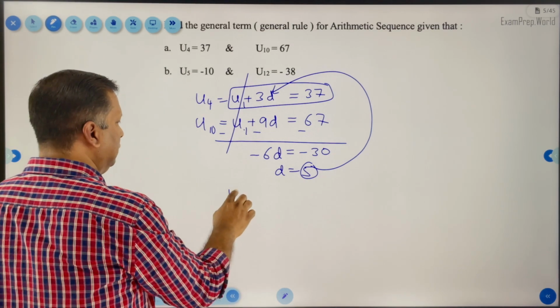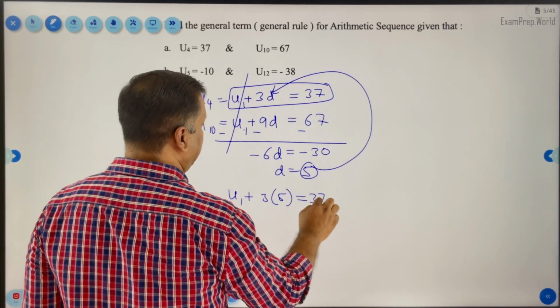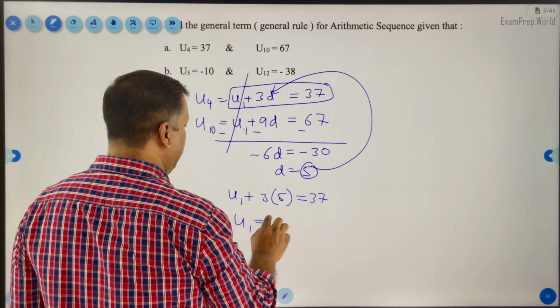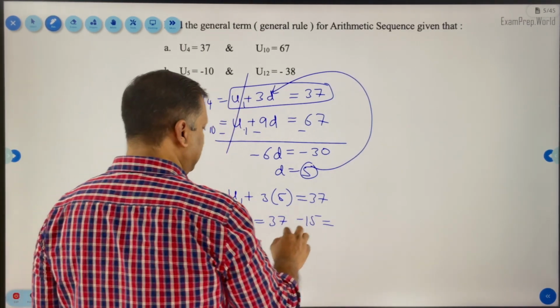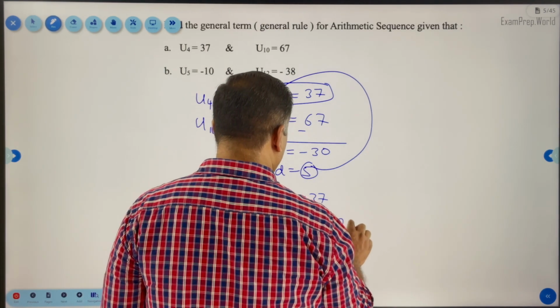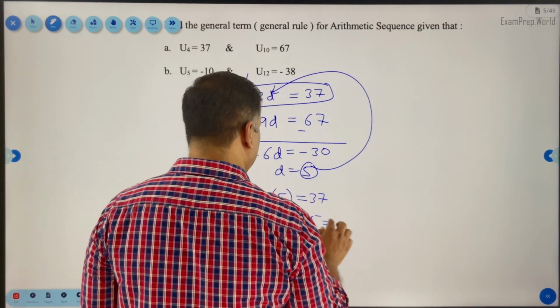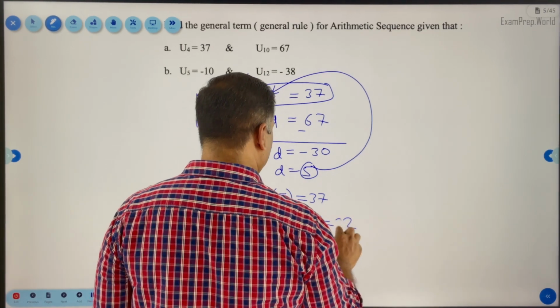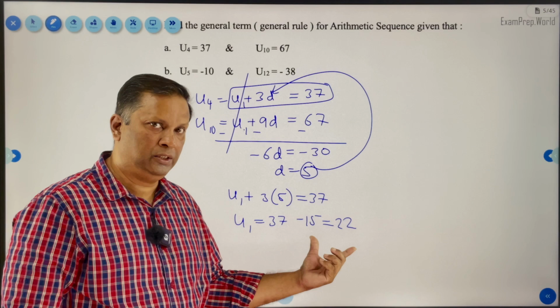Let's do that. u1 plus 3 into 5 equals 37. u1 will be 37 minus 15, which is 22. So we get the value of u1 is 22.